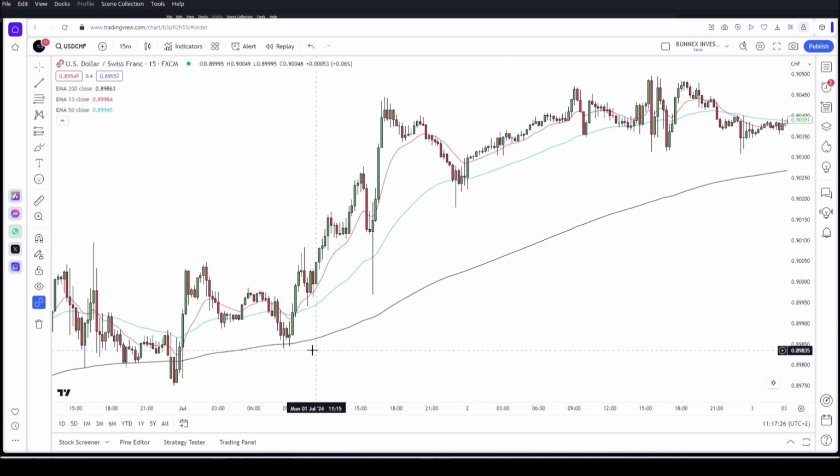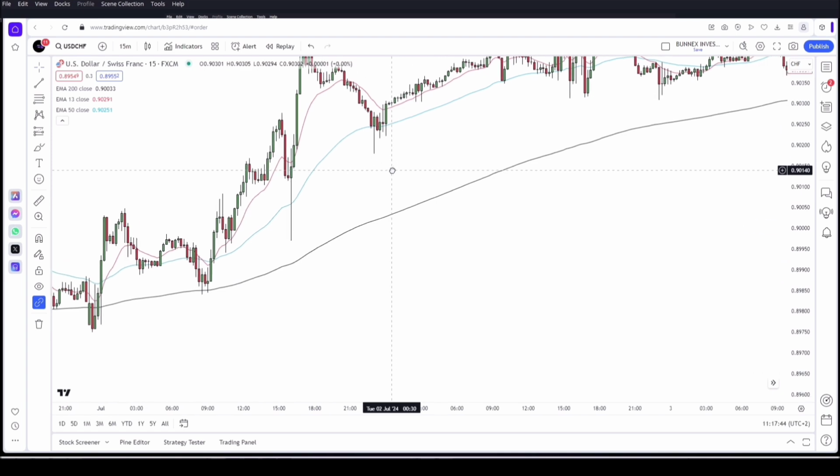We can see a bounce of the price on the 200 EMA, crossover of the 13 and 50 EMA, and then a retest of the 50 with a candlestick reversal pattern, and then our profit at 2-to-1 reward to risk ratio.